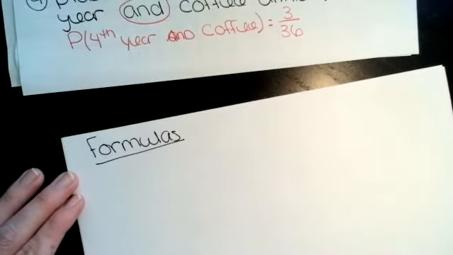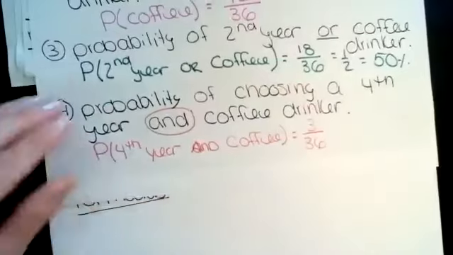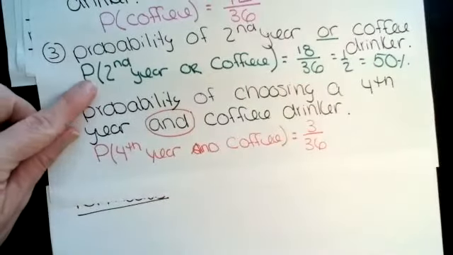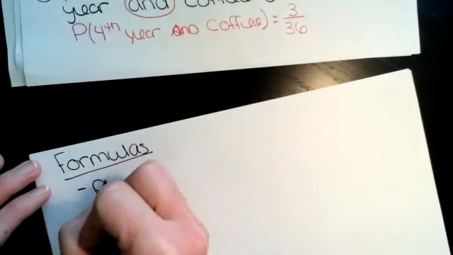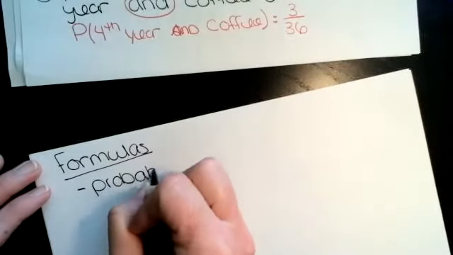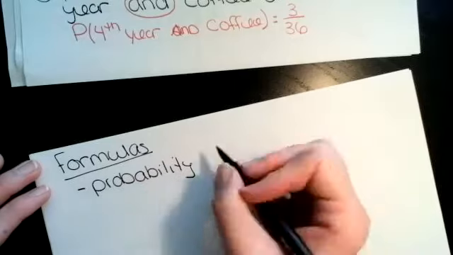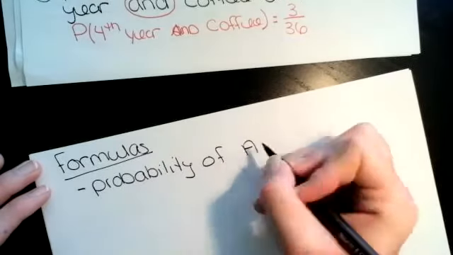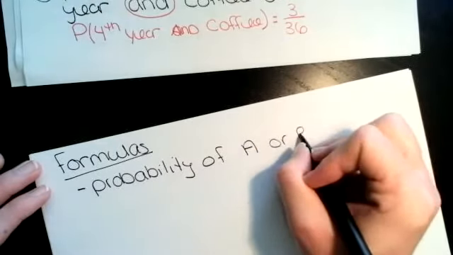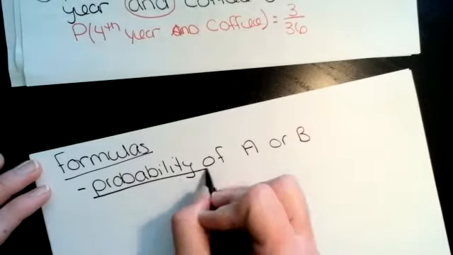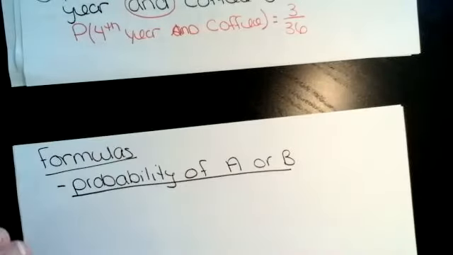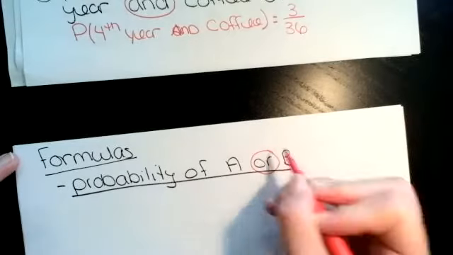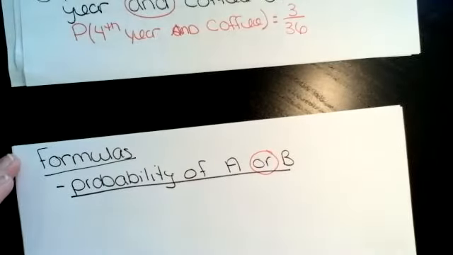So we're going to start with what we looked at here with the third one, which is an or. Okay, we're going to start with that today. So we're looking at the probability of A or B. When we're looking at an or, this is my addition rule.